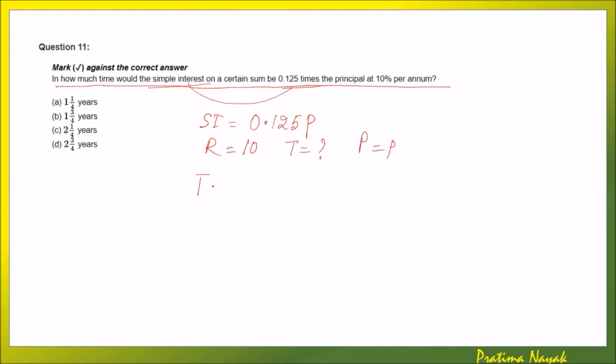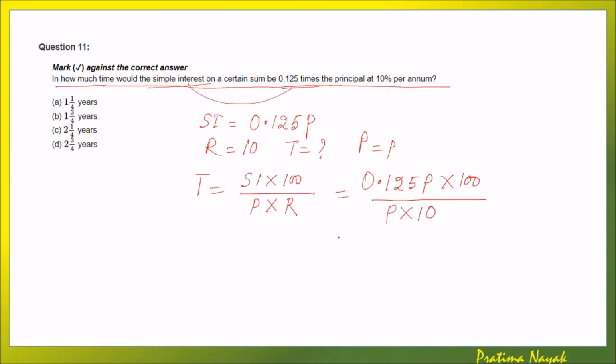So what is the formula for T? T is equal to SI multiplied by 100 by P into R. So SI is 0.125 P into 100 upon principal P, rate is 10. So P, P cancel, 10 and 10 cancel.